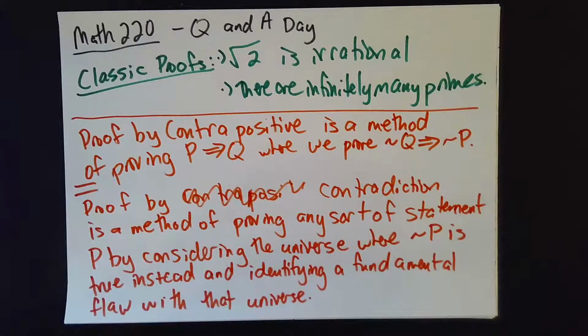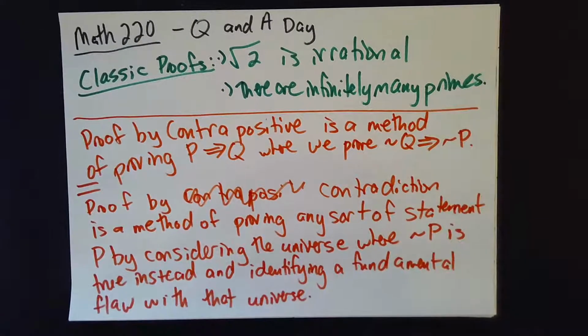Whereas a proof by contradiction is more subtle, because in a proof by contradiction, you're sort of placing yourself in this universe where the thing you're considering is false. And if the thing you're considering is false, this universe in some sense must not make sense. It's in some sense broken in some fundamental way, and basically you do a proof by contradiction by finding what that fundamental way in which this universe is broken is, and articulating it.